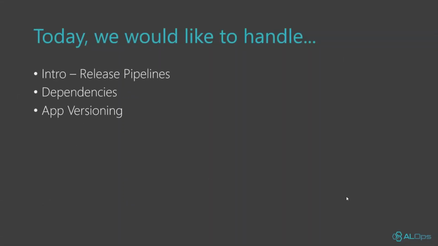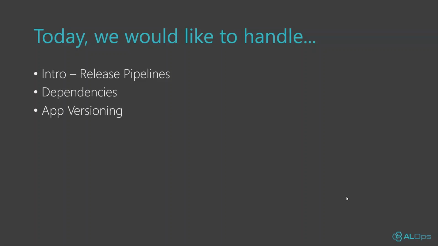So today, as said, dependencies is going to be the main topic, absolutely the main topic. But before we go there, I do want to handle, and it was also quite a highly requested topic, release pipelines a little bit. It is actually a continuation on what we did the previous time, where I did an introduction on build pipelines.